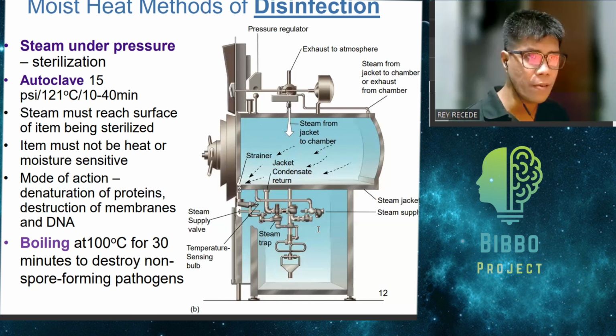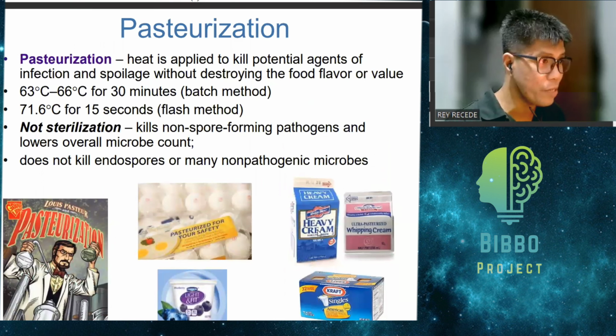Of course, you're already familiar with the term pasteurization. Heat is applied to kill potential agents of infection and spoilage without destroying the food flavor or value. Usually, what we are used to this is yung sagatas. I mentioned this before, when I was young, my father used to give us milk coming from carabao milk, and I was wondering why it was so hot.